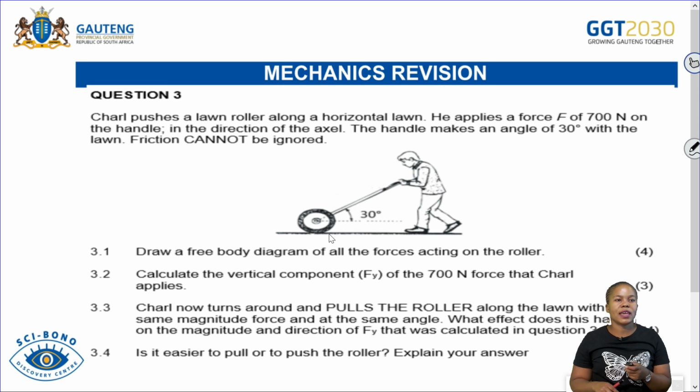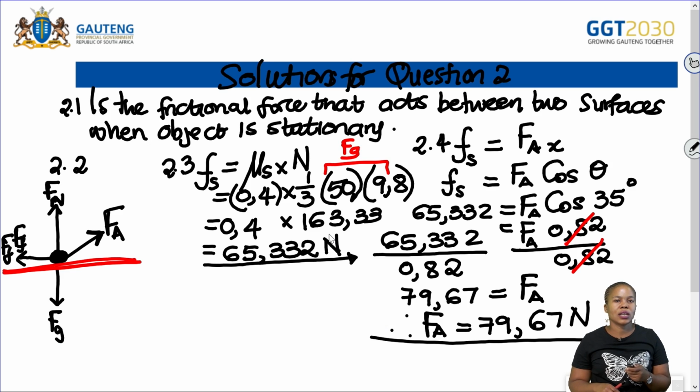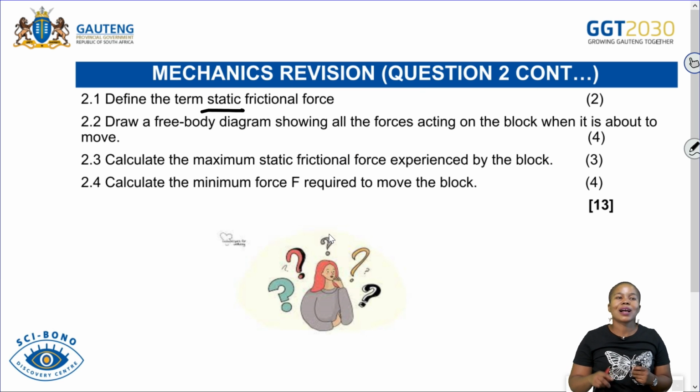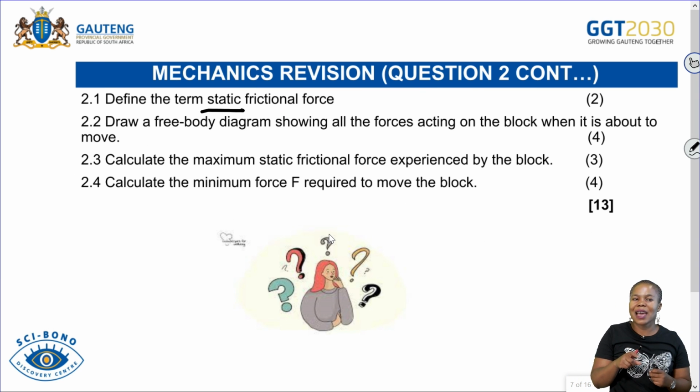And then the last question, which is 2.4, calculate the minimum force F required to move the block. How much of a force should I have to be able to move the block?